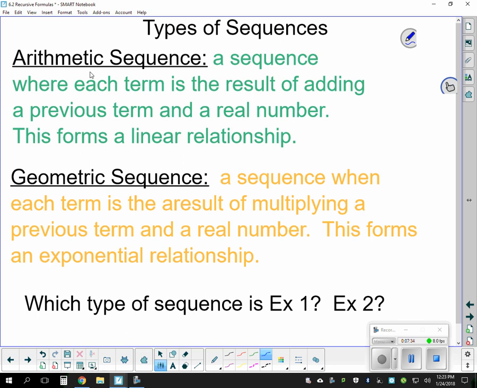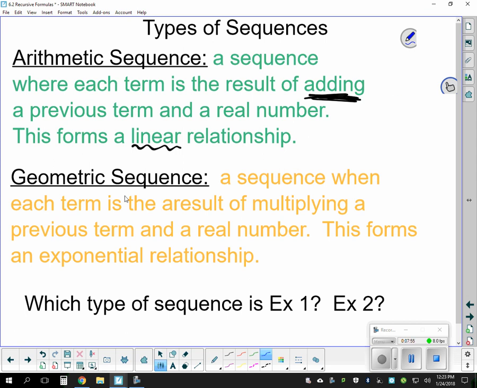An arithmetic sequence is a sequence where each term is the result of adding a previous term and a real number. When you have an arithmetic sequence, you will get a linear relationship. Because you are adding a constant number each time, your slope will remain constant. Therefore, you'll have a straight line.